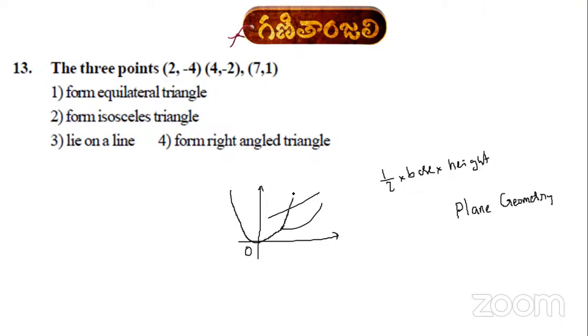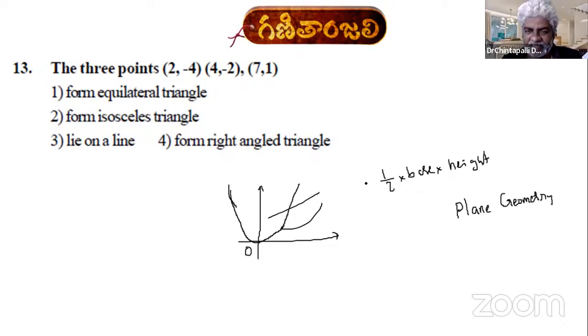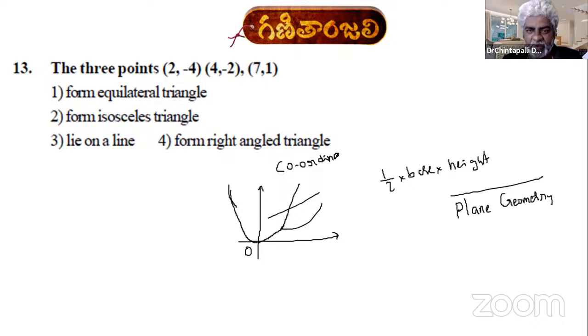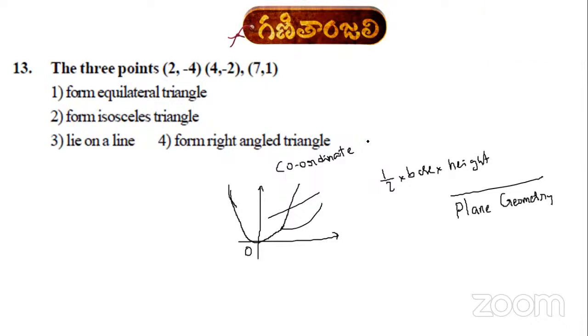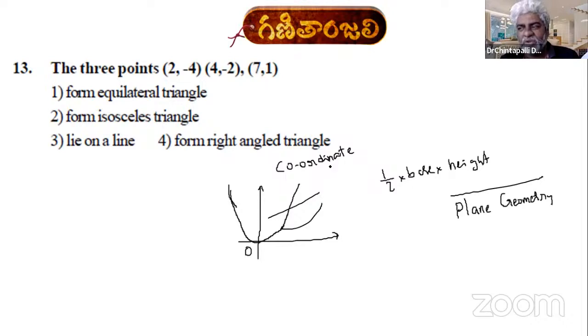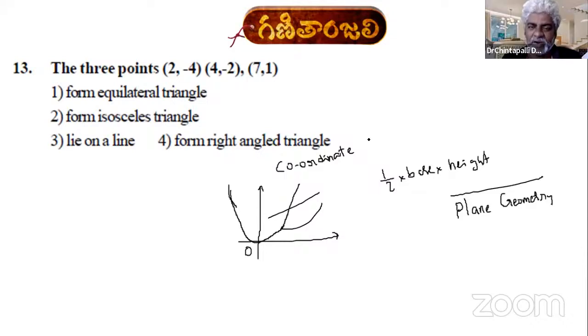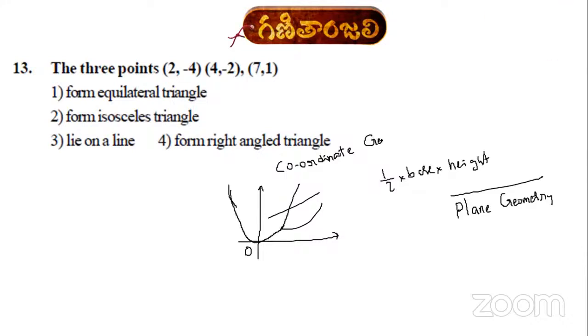This is also geometry, but the name of this geometry is different. It is plane geometry, but this geometry is called coordinate geometry. Coordinate means x coordinate, y coordinate. Geometrical figures are drawn in the xy coordinate system. That's why the geometry which we are learning at present is called coordinate geometry.